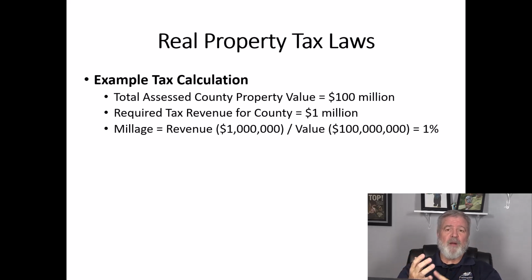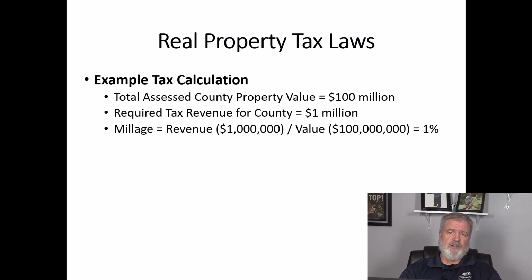If your property's only worth $100,000, then you're not paying as much as someone whose property is worth $500,000, because obviously 1% of $500,000 is a lot more than 1% of $100,000. So in a way, it's kind of equal, right? But everybody's going to have to pay the same rate. In this example, it would be 1%.